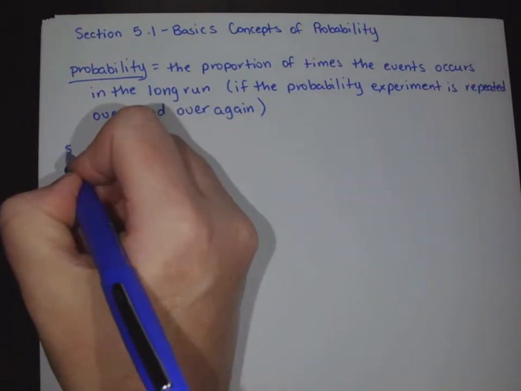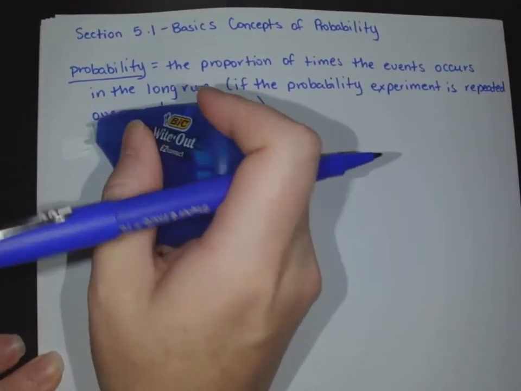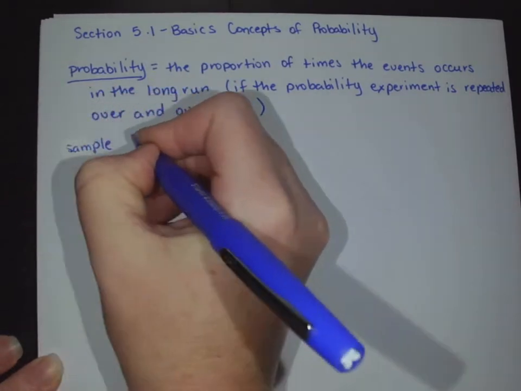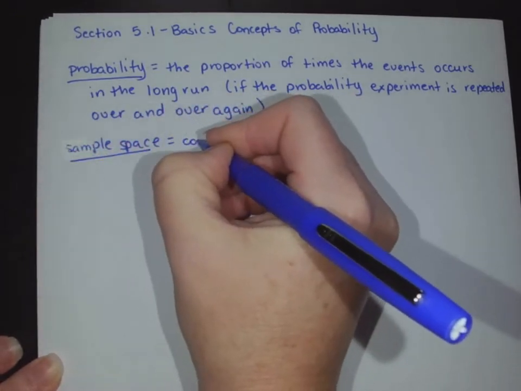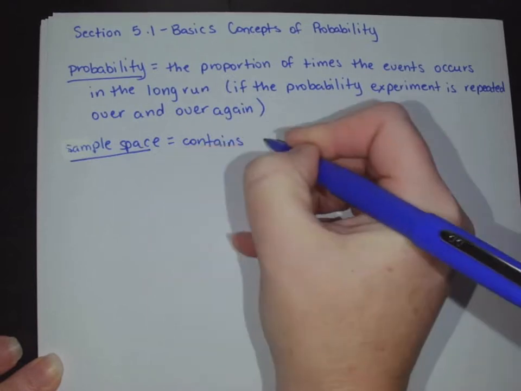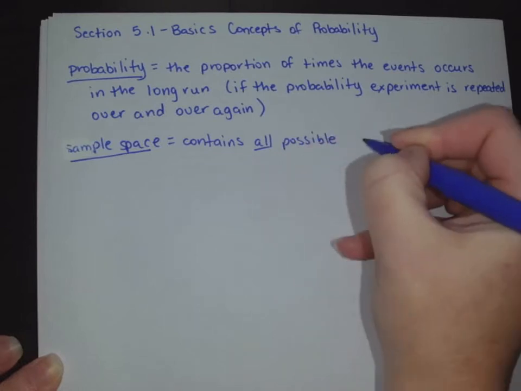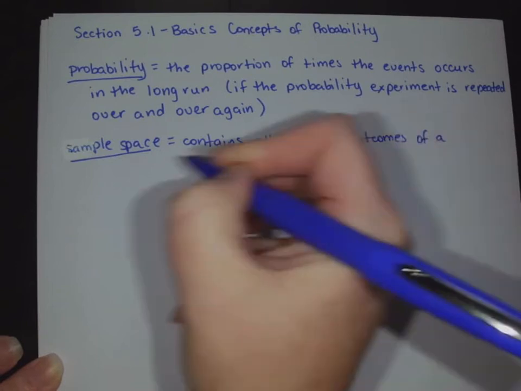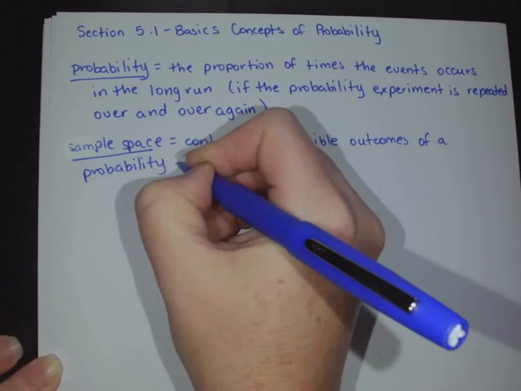All right, so some terms that we're going to need to know. The first one is going to be sample space. The sample space is going to contain all possible outcomes of a probability experiment. And when you list a set of choices, you usually list them in a curly brace.